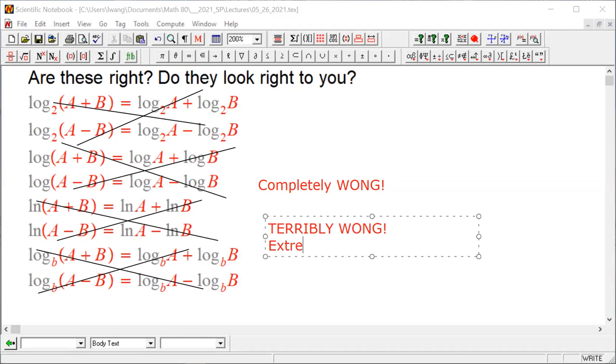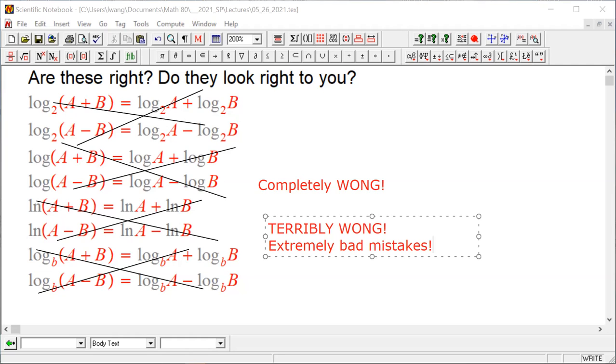Extremely bad mistakes, all of these. So write them down in your notebook, maybe on one entire page. Write this down one by one.